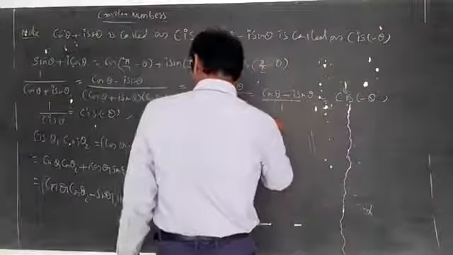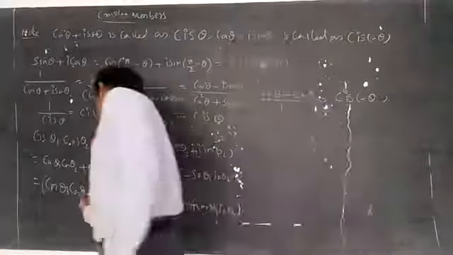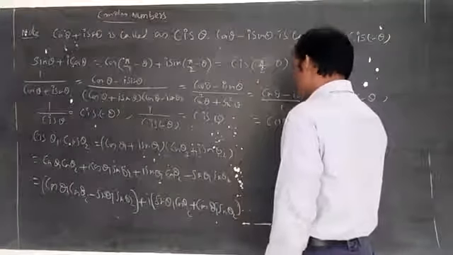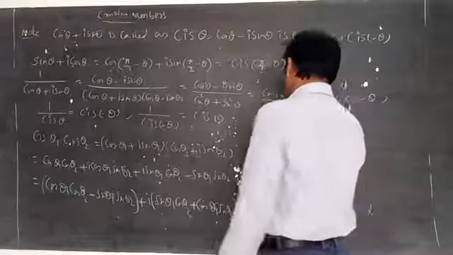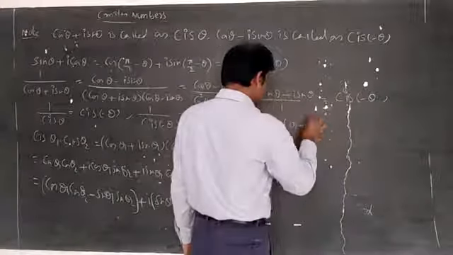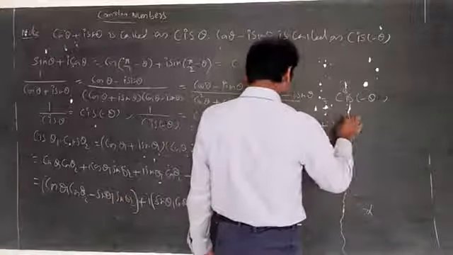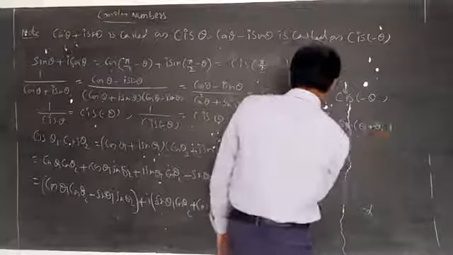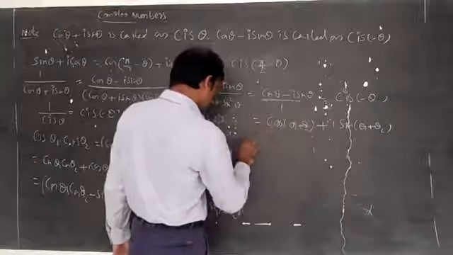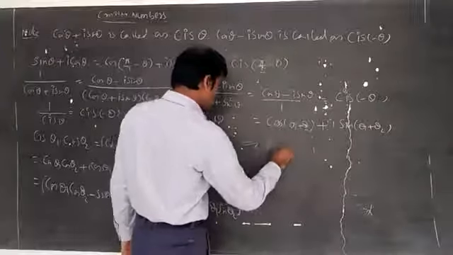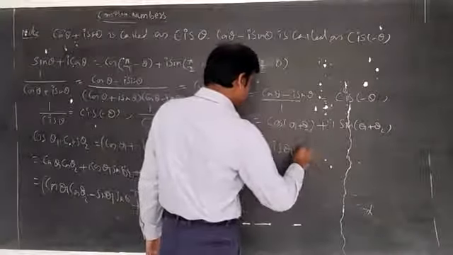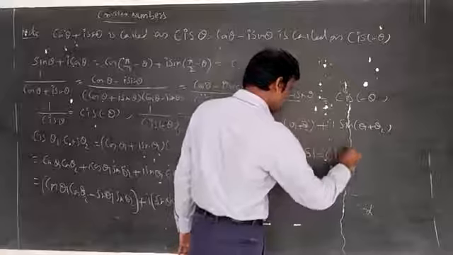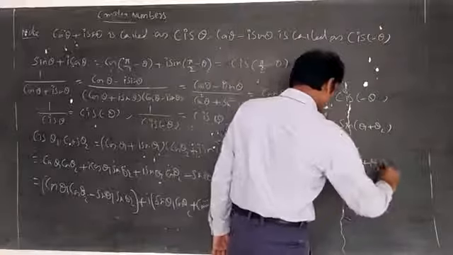This is the cos A cos B − sin A sin B formula, it is cos of A + B. So cos of (theta 1 + theta 2) plus i sin of (theta 1 + theta 2), since sin A cos B + cos A sin B is sin of A + B. That implies cis theta 1 into cis theta 2 is cis of (theta 1 + theta 2).